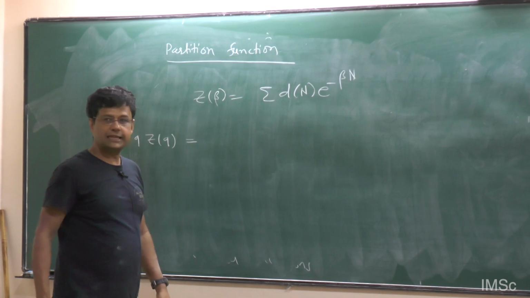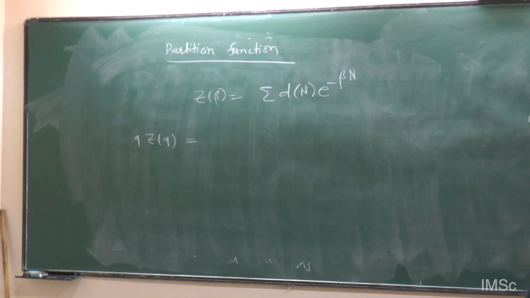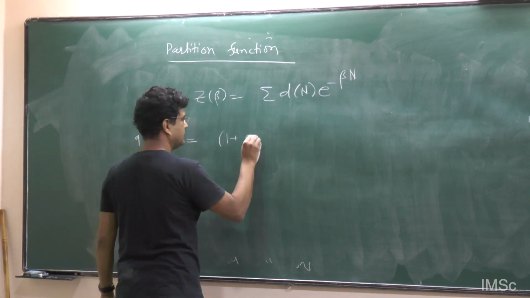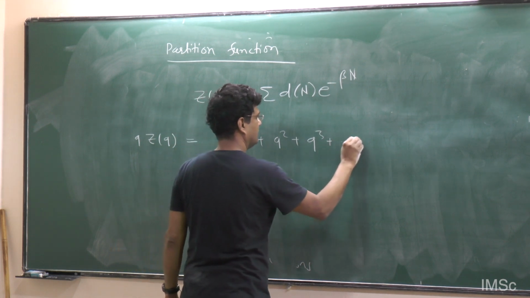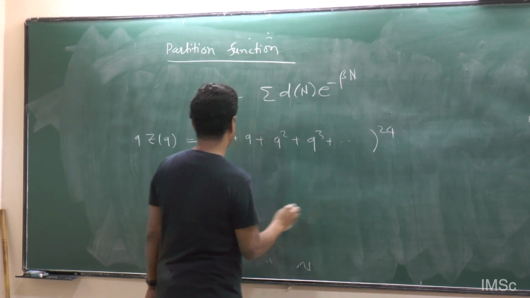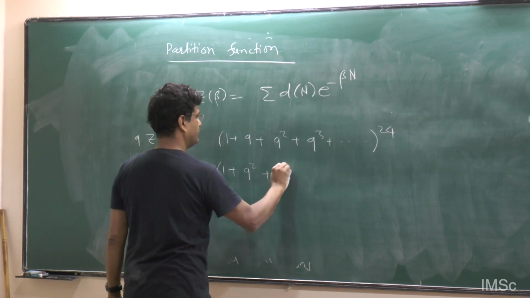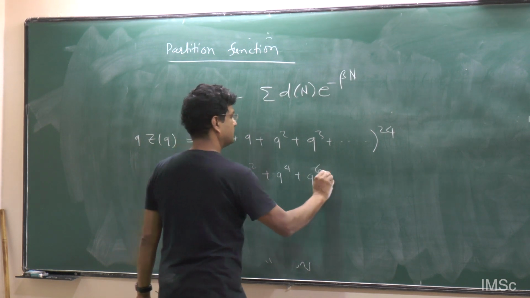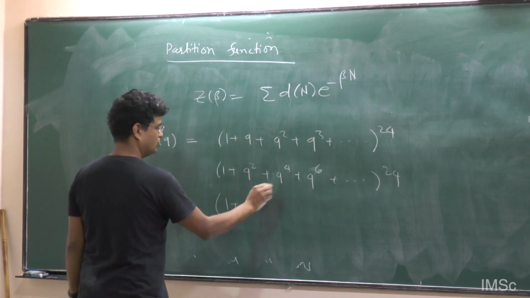If I'm interested in the problem of counting partitions of an integer with 24 different colors, a natural partition function to write is this, and I will try to convince you that this is the correct answer. 1 plus q plus q squared and so on, to the power 24, then 1 plus q squared plus q to the 4 plus q to the 6 to the power 24, times 1 plus q cubed and so on.